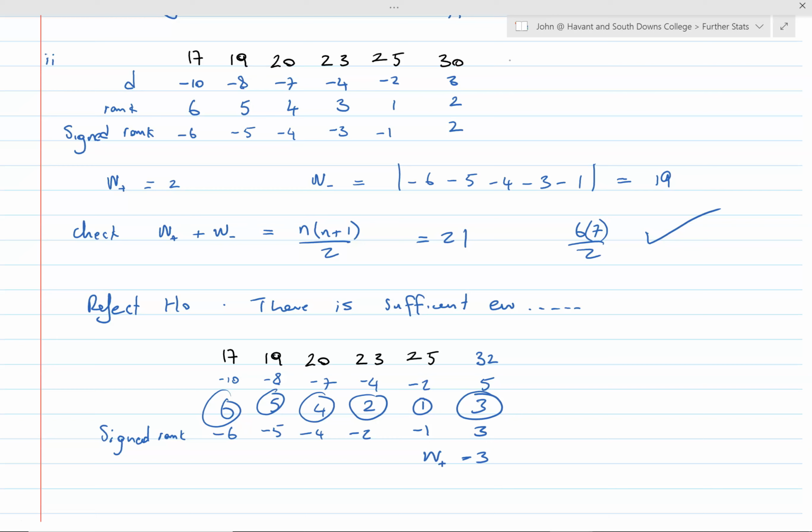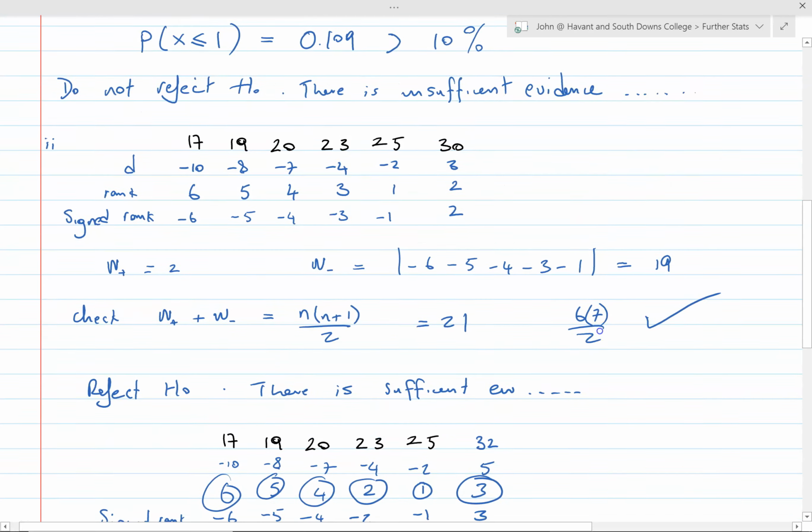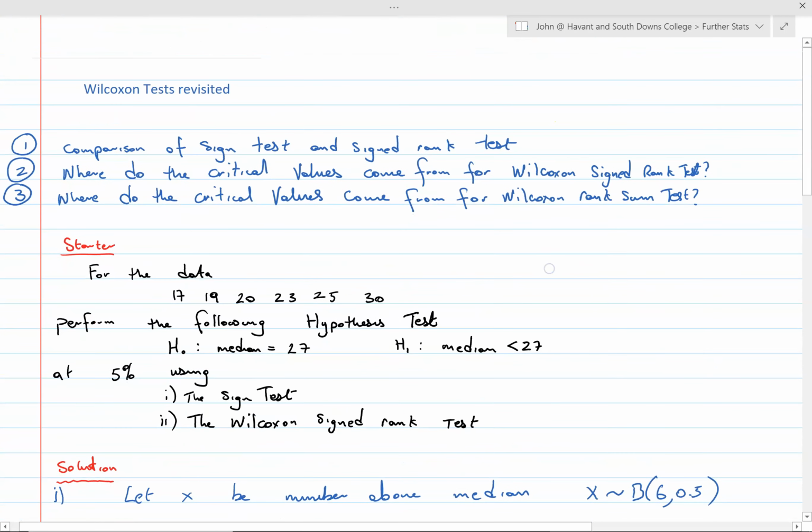But it does require symmetry. That's important. So the signed rank test is more powerful, but it does require symmetry because it picks up how far numbers are from the median. Okay, so that's the first thing that we've covered.